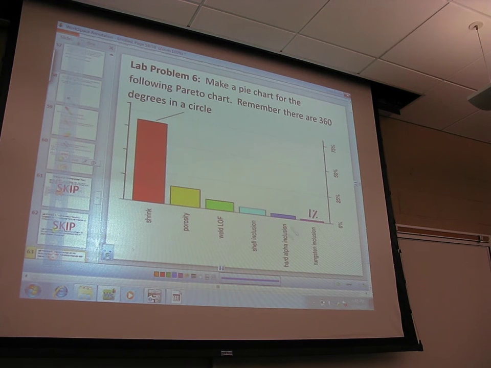How about the blue one, the next one? 3%. Seems good. The next one? 5%? Sure. The green one? 10%? Seems reasonable. Next one? 25. Wow.